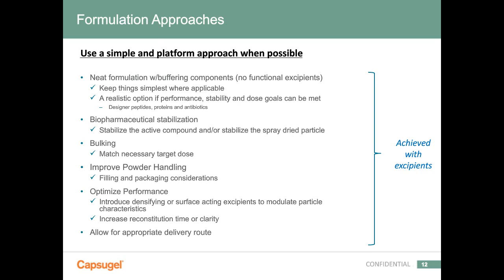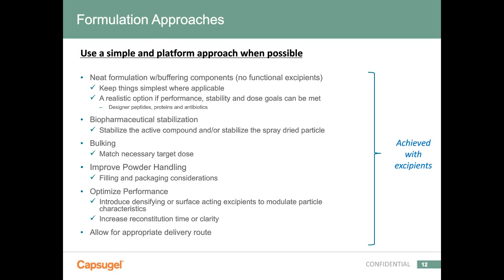In a lot of situations, though, you do need some type of stabilization. So we can add excipients to help with the active itself. In some situations, we need a bulking matrix, based on the fact that maybe you don't need such a high dose. You're just trying to put something in the dry form that you can use for the target delivery profile. Maybe we know we need improved powder handling, so we can add certain excipients to impact surface interactions that will improve handling.